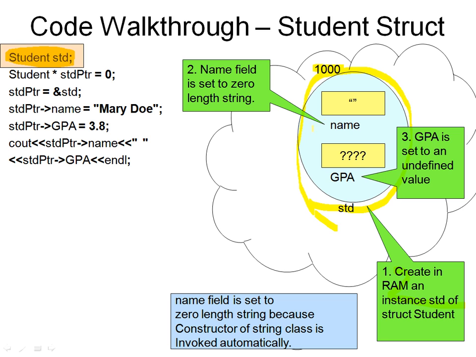Now the name field is set to a zero length string, so the name field has nothing in it. GPA is set to an undefined value, so that's why we have these question marks here.